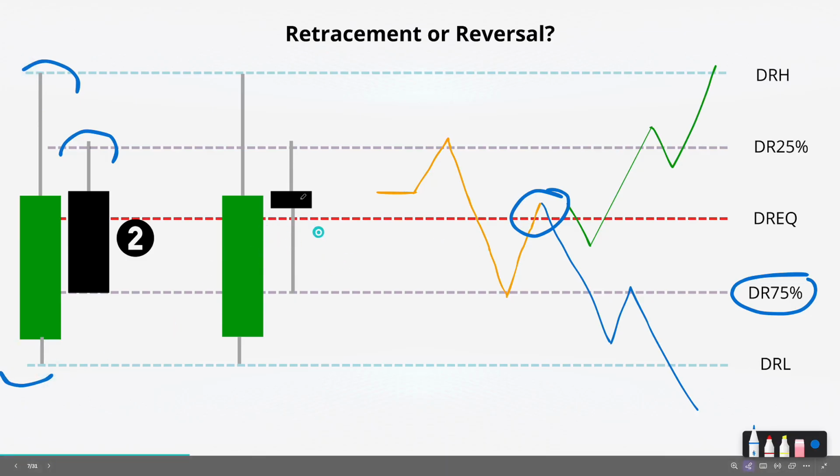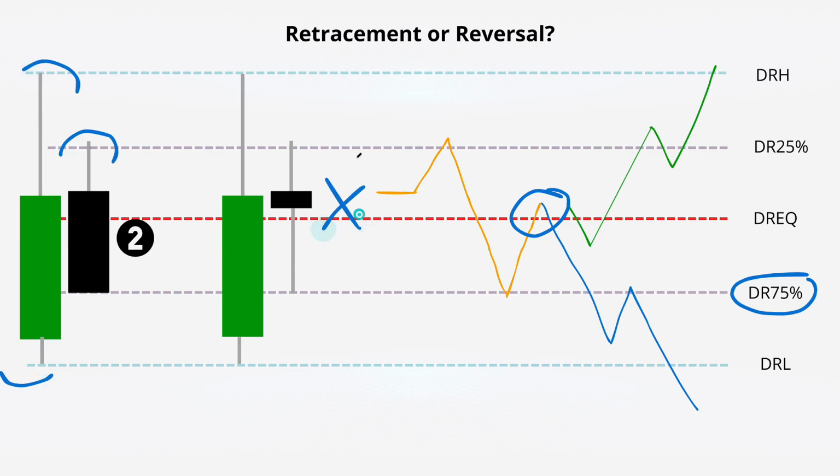In this moment price hasn't taken the high and low. It is inside the previous dealing range. So the question is retracement or reversal. The equilibrium level here is the answer, or the key level for the next price moves.